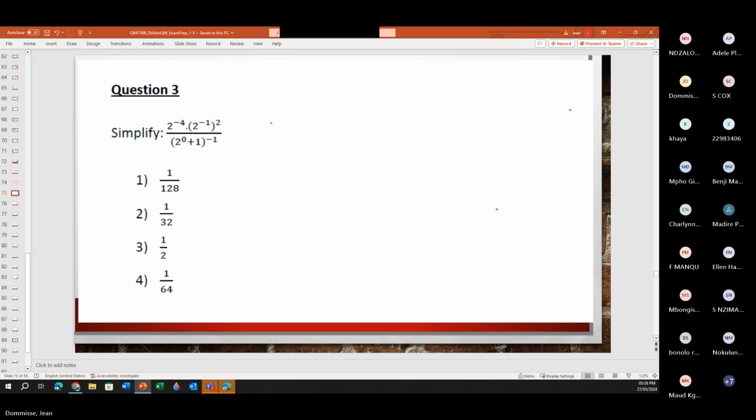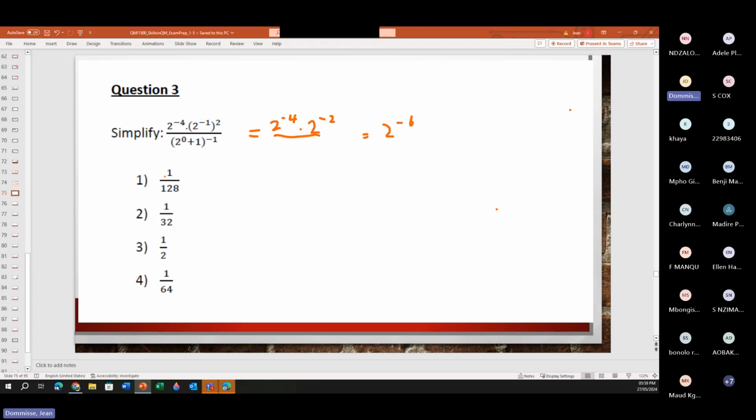So we sit with 2 minus 4 times, so when it's a bracket, it's minus 1 times 2. So at the top we sit with 2 minus 4 times 2 minus 2. So at the top we will, in this instance, sit with 2 to the power of minus 6.